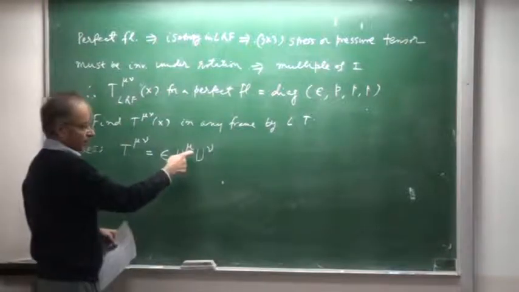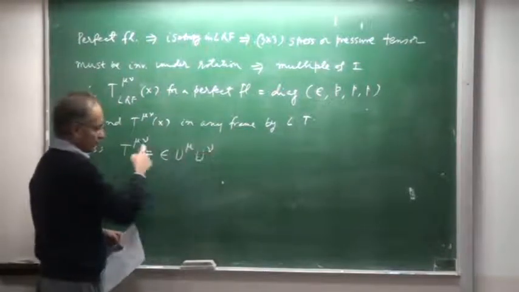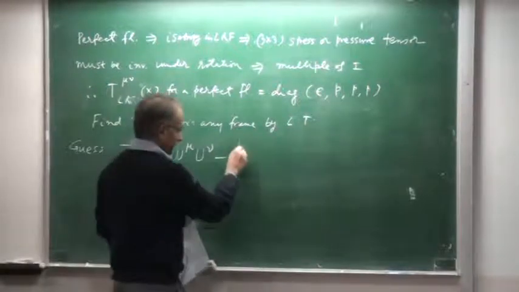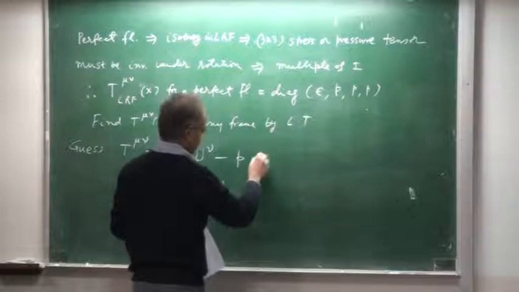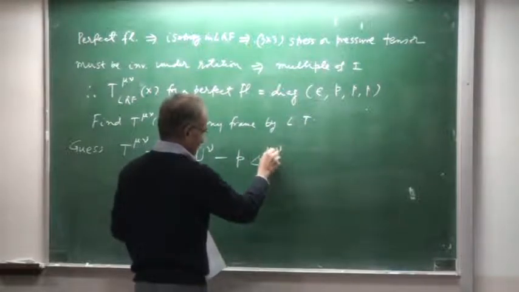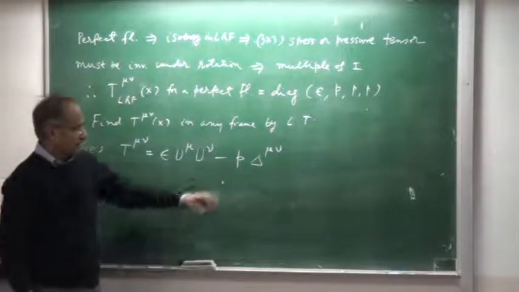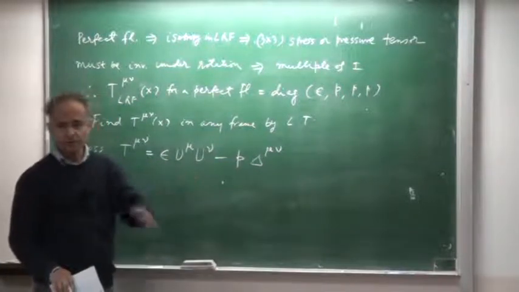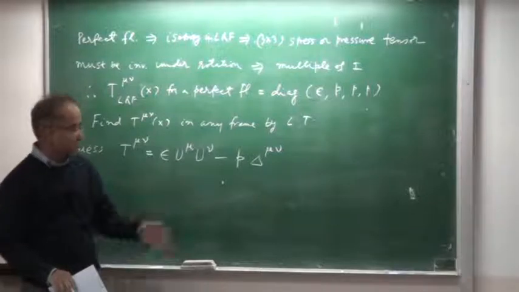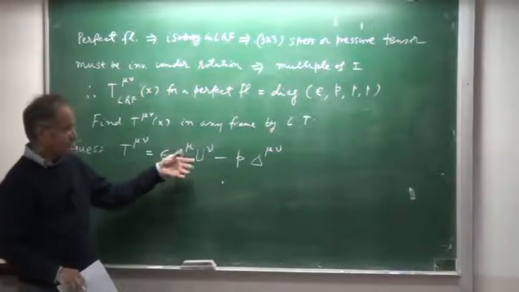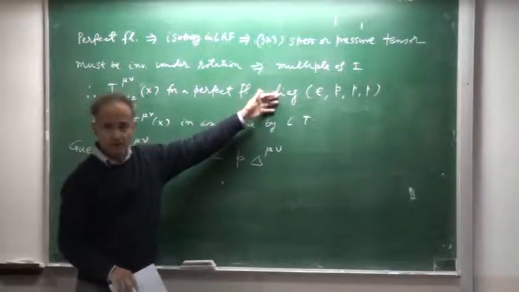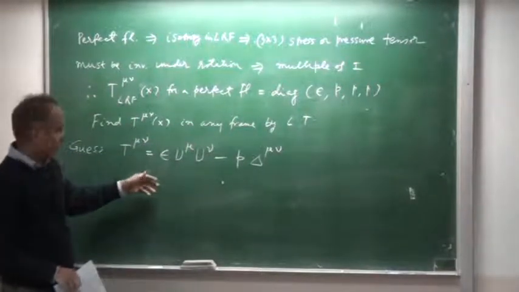Because if you go to the local rest frame, for T^{00} you will get epsilon. And for the other components, because there are these P's, you can write it with delta. Remember, in the local rest frame this was -1, -1, -1, 0. So this suggests this. You can verify by going to the local rest frame whether we get this or not. You do get it.